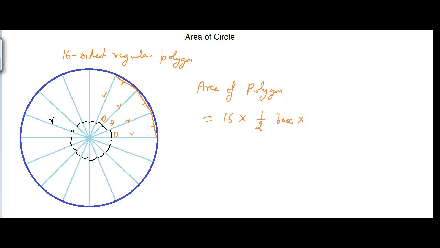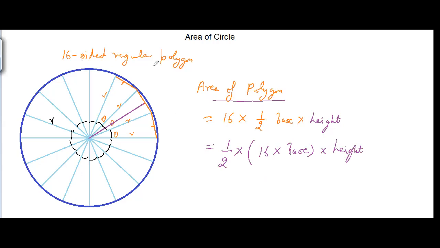I am also going to draw the height. So this is the height here. We can take half outside. Inside the bracket we write 16 multiplied by base, multiplied by height. Now this is the area of the polygon of 16 sides.